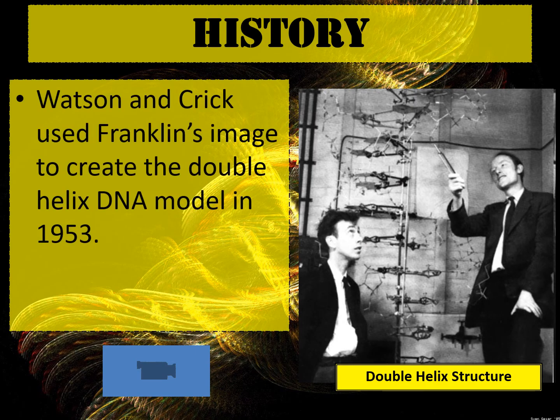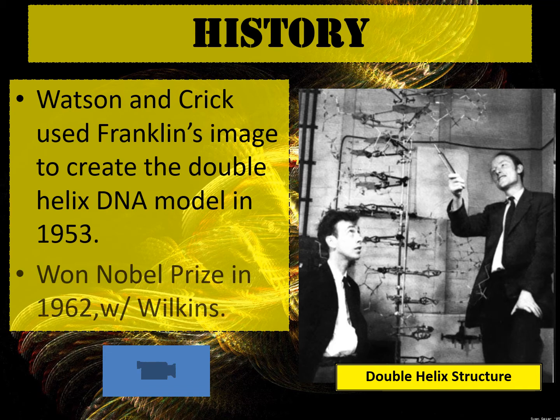Now, once Watson and Crick received Rosalind Franklin's picture, it did help them visualize and recognize that DNA was in a double helix shape, and from that they could create these DNA models, which they published in a journal and were given credit for discovering that DNA was a double helix and how the bases went on the inside and the sugar phosphate was on the outside of the backbone.